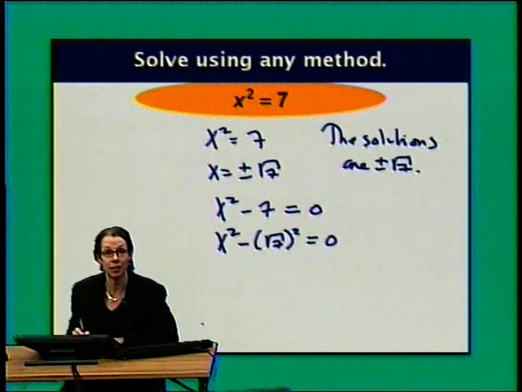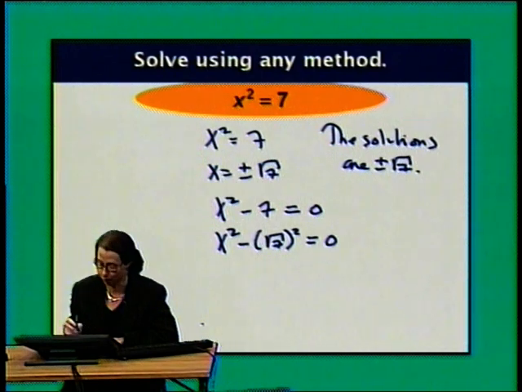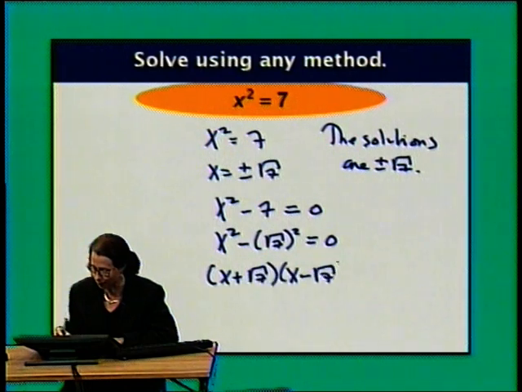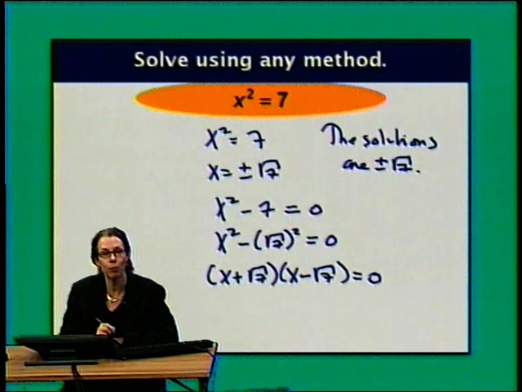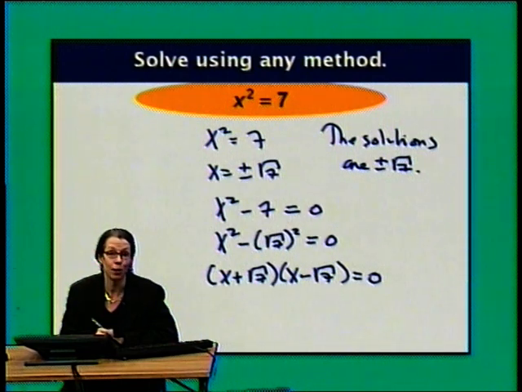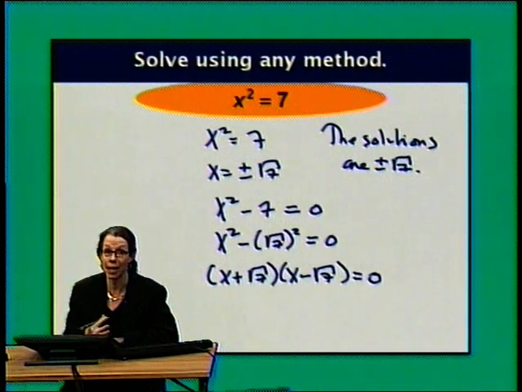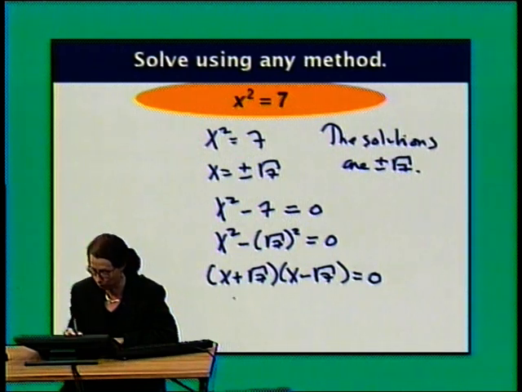Now I have the difference of squares. So factoring the difference of squares gives me x plus radical 7 times x minus radical 7. When we were factoring earlier, we didn't include irrational numbers in our factoring. But if we do include irrational numbers, and we can do that mathematically, we can apply the zero product principle at this point and we get our two solutions.